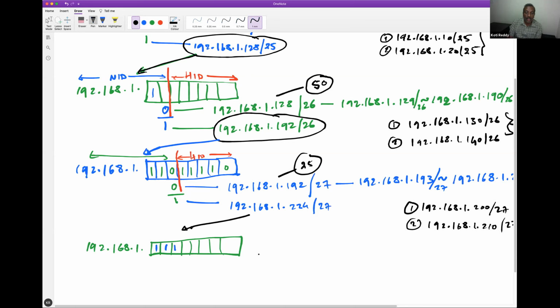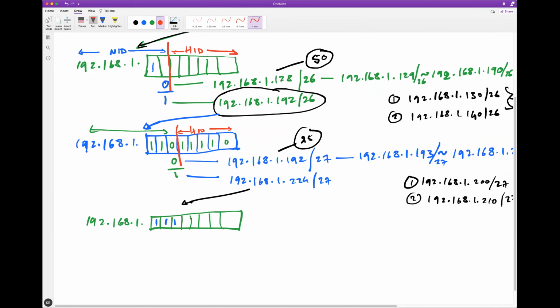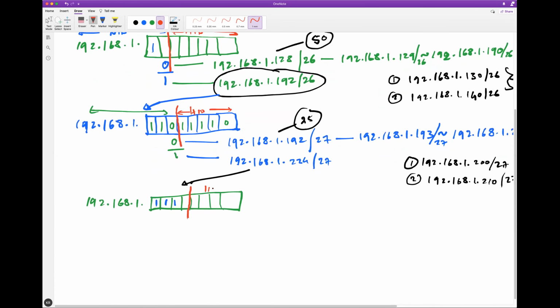Now I should accommodate 10 hosts. If I need to accommodate 10 hosts, how many bits should I leave for host ID? 5? It's 1, 2, 3, 4, right? 2 to the power 4 minus 2 is how much? 16 minus 2, 14 I could accommodate, right? So I will keep this many bits for the host and borrow everything else into what? Network.